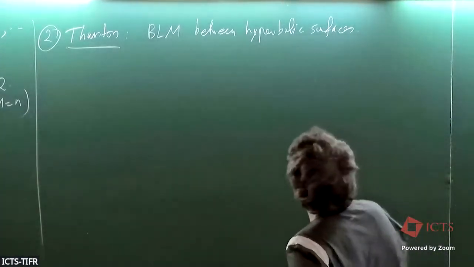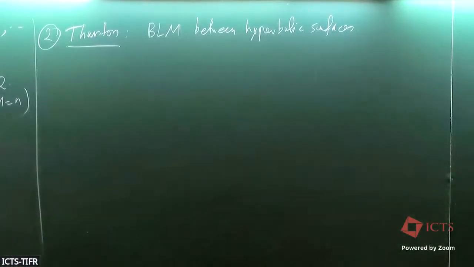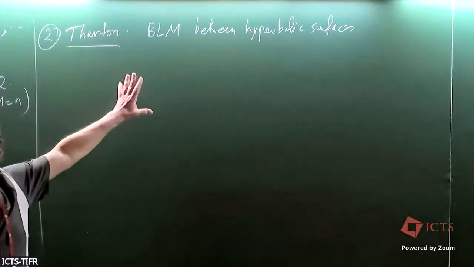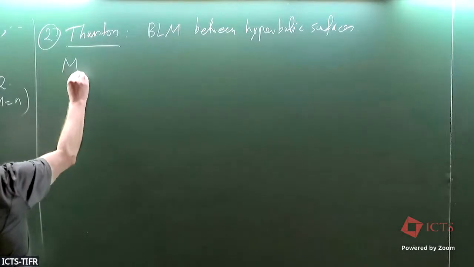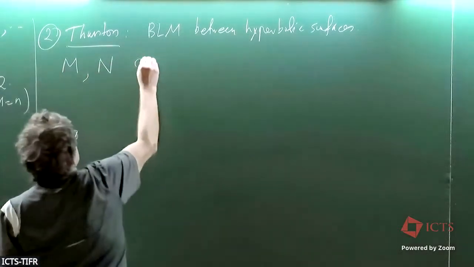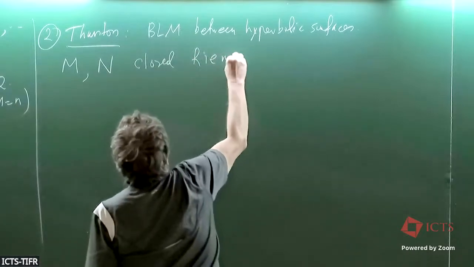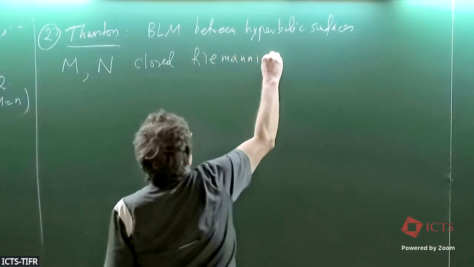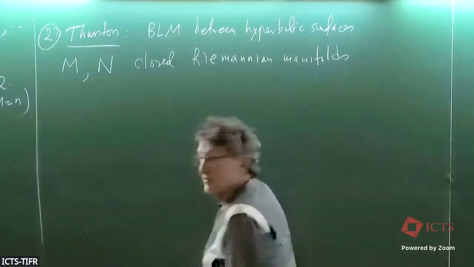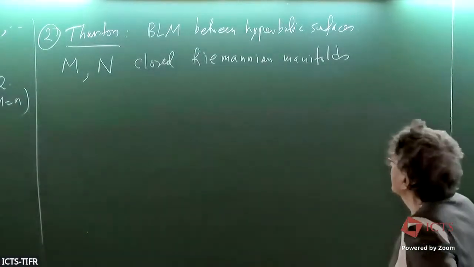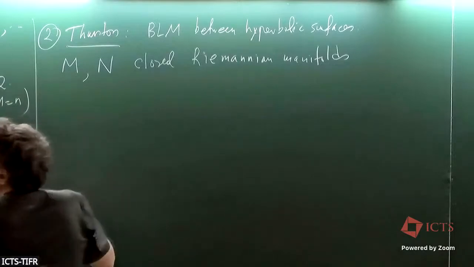Okay. So in other words, for the time being, we'll be interested in surfaces, hyperbolic surfaces, and we'll see this is very important. But for right now, let M and N be closed Riemannian manifolds. Okay. And then we want to construct, again, we're going to imitate this construction.